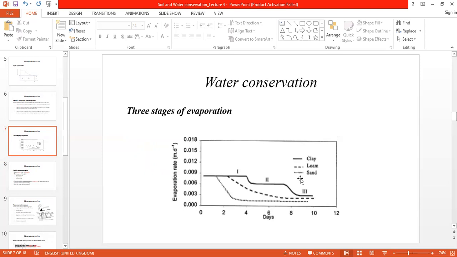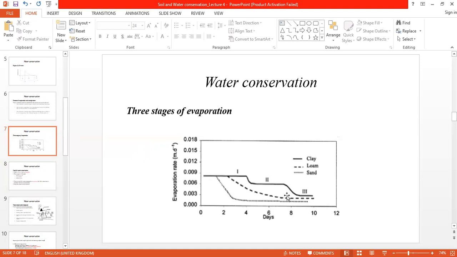So what it means is that the black one is clay, then the dotted one is sand, and in between there's a loam soil.